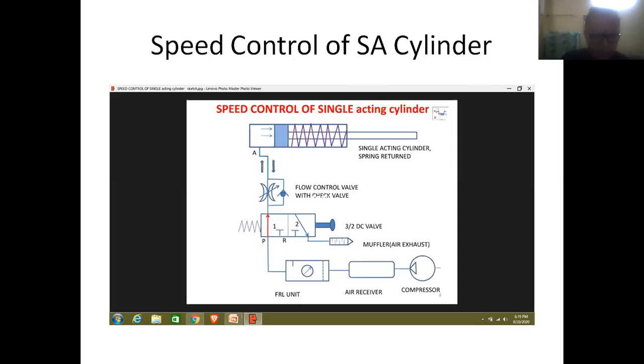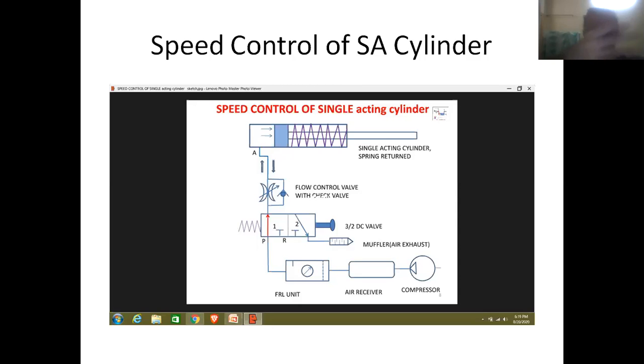The inlet of the valve is connected to the pipeline coming from the compressor, and the outlet of the valve is fitted to the inlet of the regulator. And obviously, the exhaust port of the DC valve is fitted to the pipeline that is entering the atmosphere.